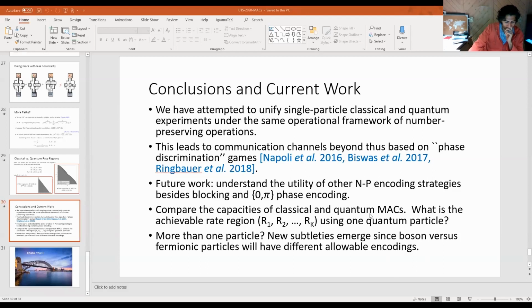Well, we haven't thought of it, but you could do something more. I mentioned that these encoding operations were a subset of the U1 covariant operations, and so you could allow for U1 covariant maps.